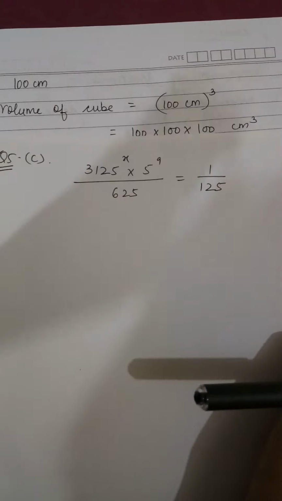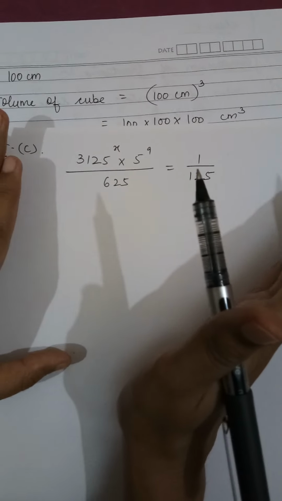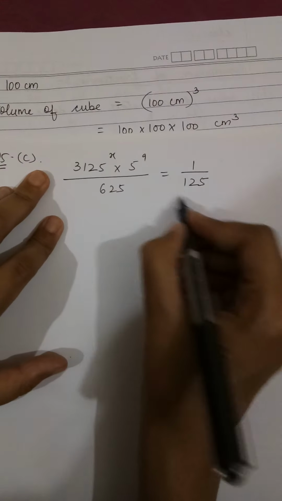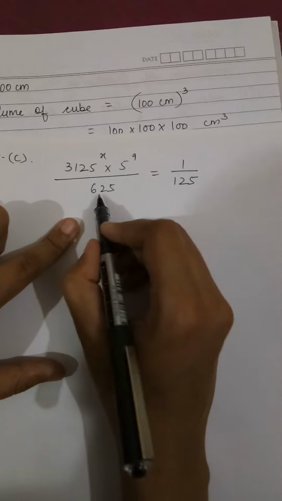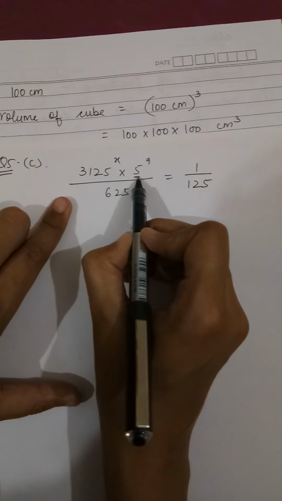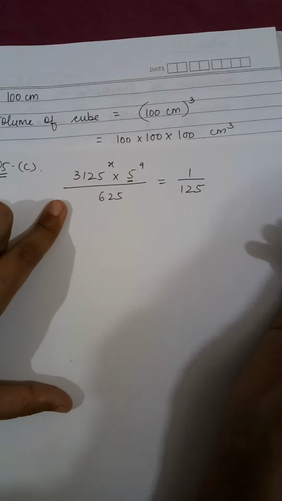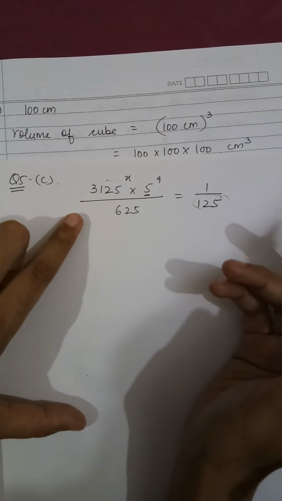Now how are we going to do this question? See, I can see my calculations will become easy if I make every number in exponential form. And for making the exponential form, I should have the base same everywhere, and I can see here is 5. So I will try to make all these numbers in exponential form with the base 5.